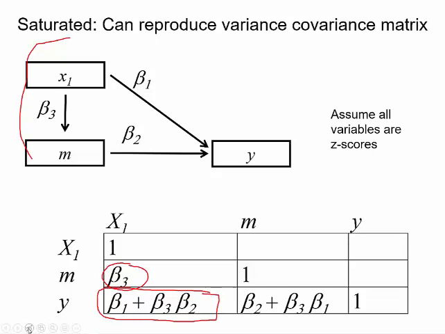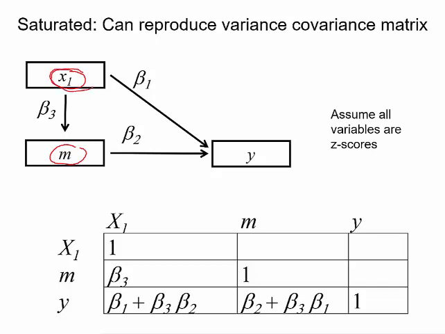And also, if we turn everything to z-scores prior to analysis, the beta weight for x1 predicting m will be the same thing as the correlation. And in a correlation, it doesn't matter which direction: the correlation between x1 and m is the same as the correlation between m and x1.